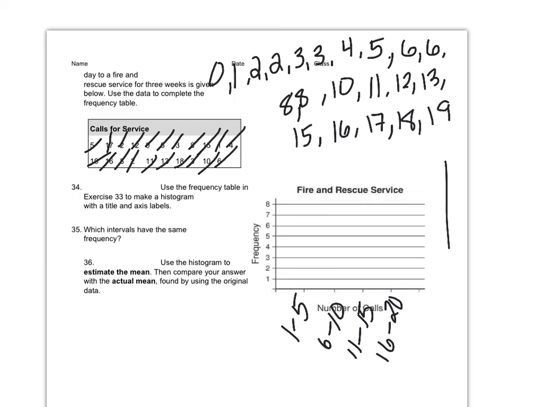So if I make a table, 1 through 5, I see that I have 8 numbers here.